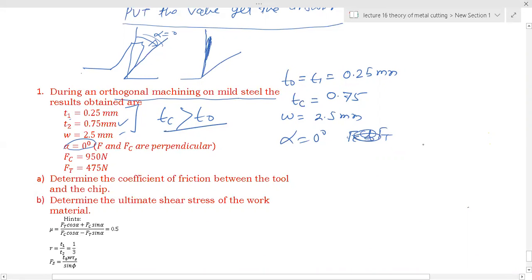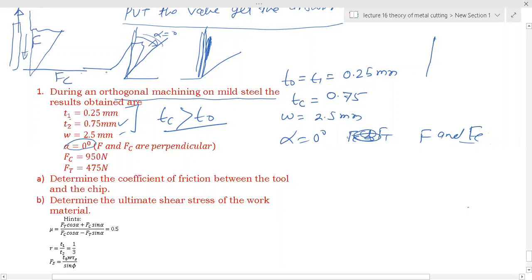This frictional force will be along the rake surface. Your tool will be like this because this angle is 0. So the frictional force acts like this on the chip, and this frictional force is perpendicular to the cutting force. That is the information. F and Fc are perpendicular. Nowhere will this concept be used, but I have written it.